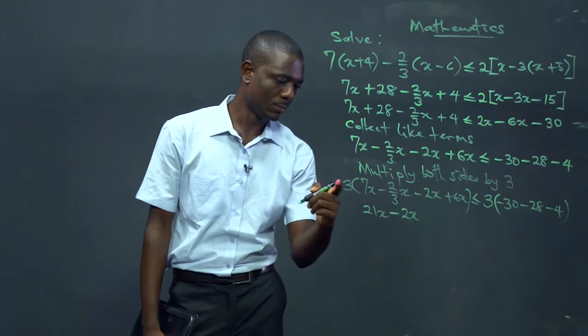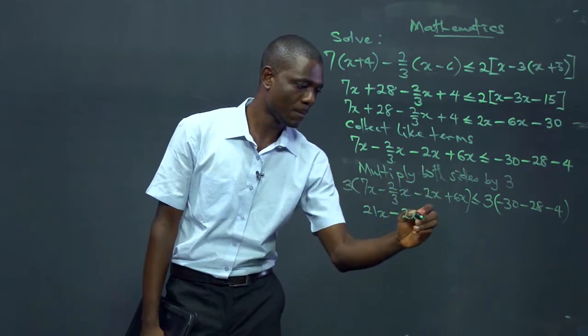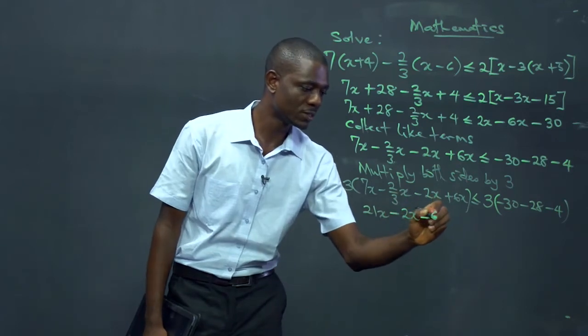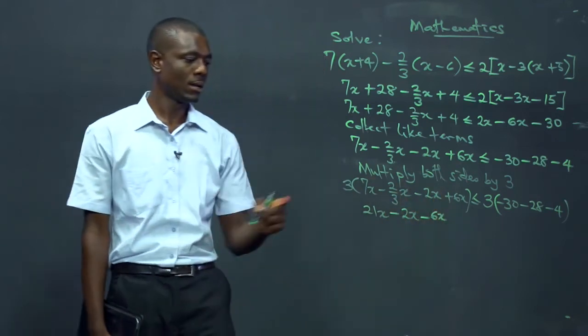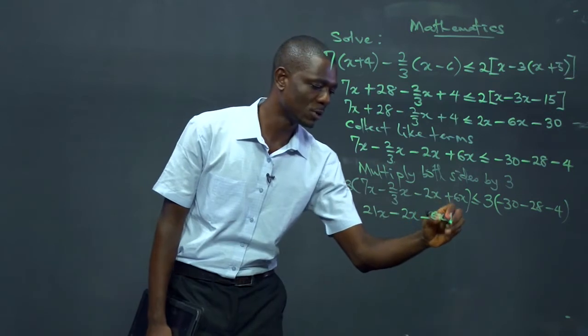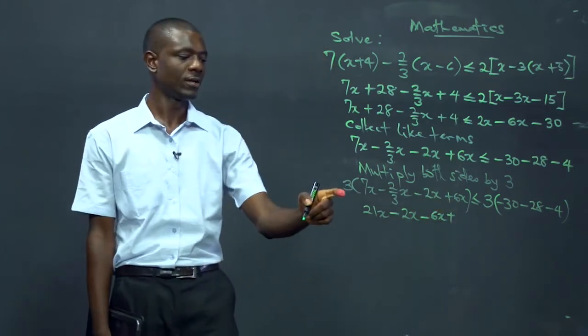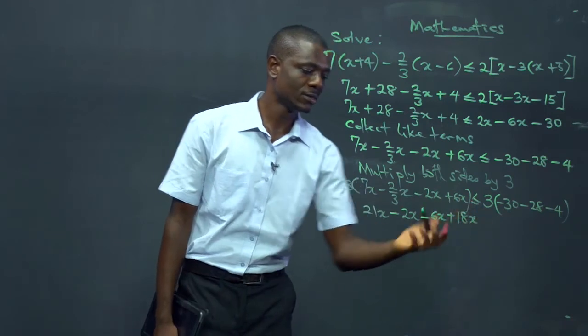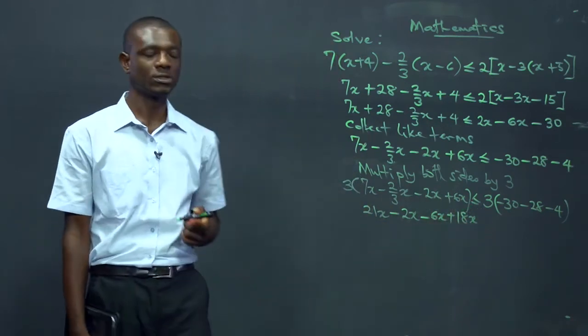Okay, plus times minus, minus. 3 times 2x would give 6x. And then plus times plus would give plus. 3 times 6x would give 18x. So you see naturally how the fraction disappears.